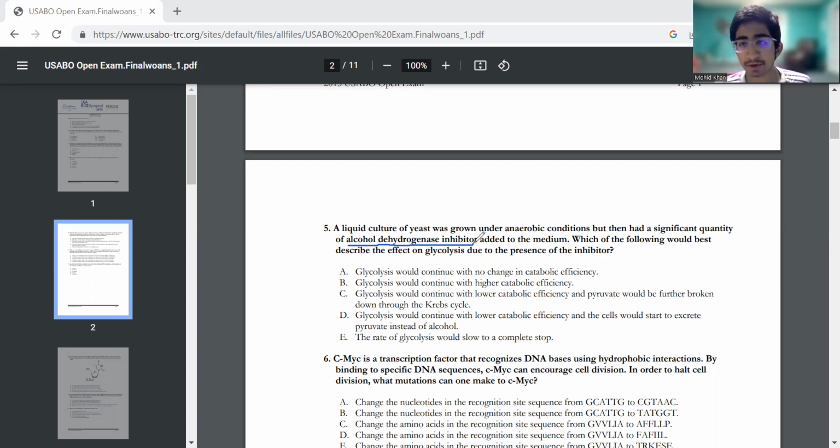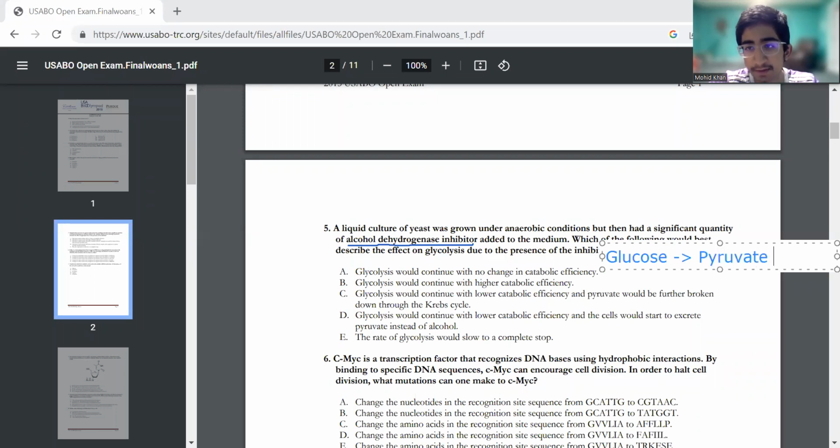So we're going to have excess pyruvate from glycolysis. This is a very simplified version, but you have glucose, which becomes pyruvate, and that's going to become ethanol. Well, I think there is a compound in between. That's important to know, but this is really the basics of alcohol fermentation.